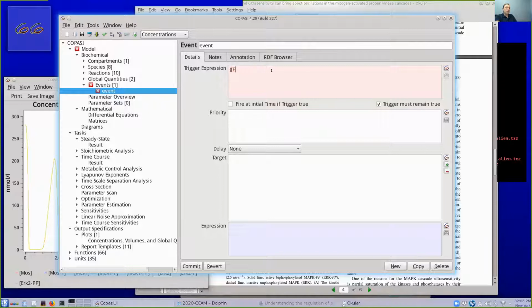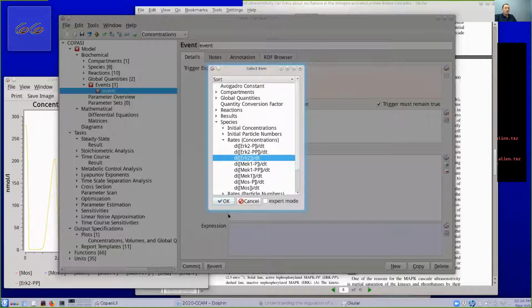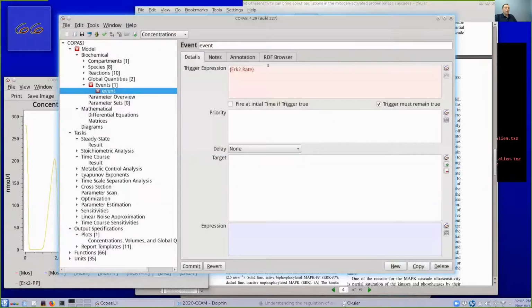Let's get rid of this. It's the rate of change of that species. So you see, you have transient concentrations, but you also have rates. And they can come in concentration units or in particle numbers. Forget particle numbers, they're only good for stochastic simulations. You want concentration. And that's this here, dERK2/dt. That's what I want. And I want that to be negative.